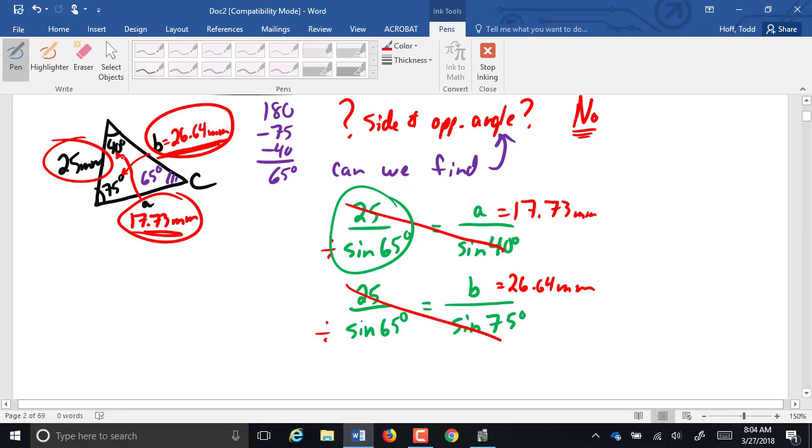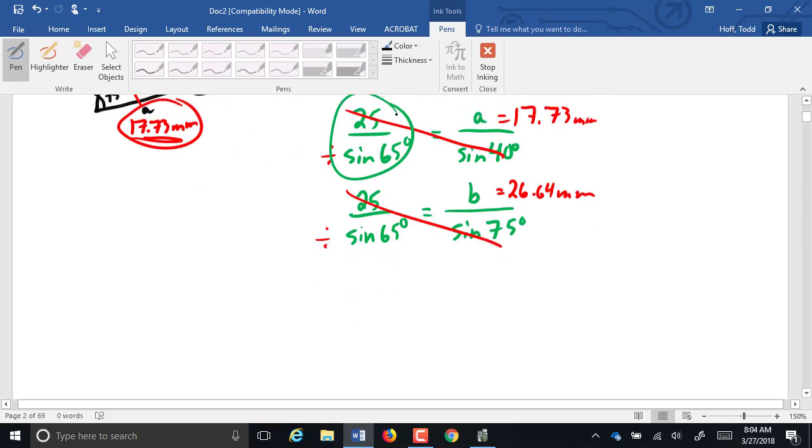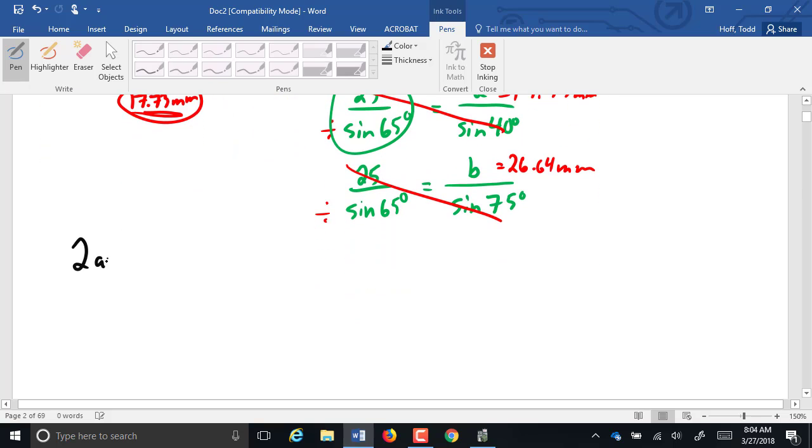That doesn't guarantee they're right. It just means they make sense. It may stop us from making a really silly mistake. So anytime we're given two angles and one side, we can always use the law of sines. Always works.